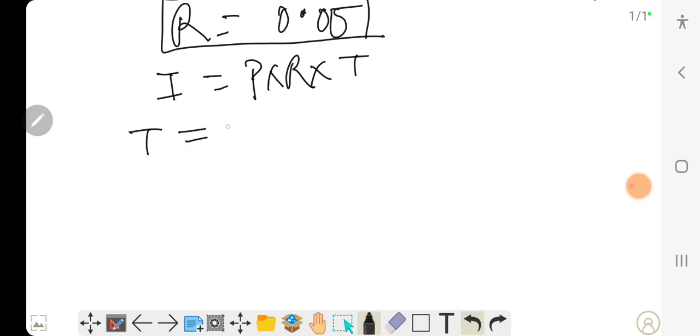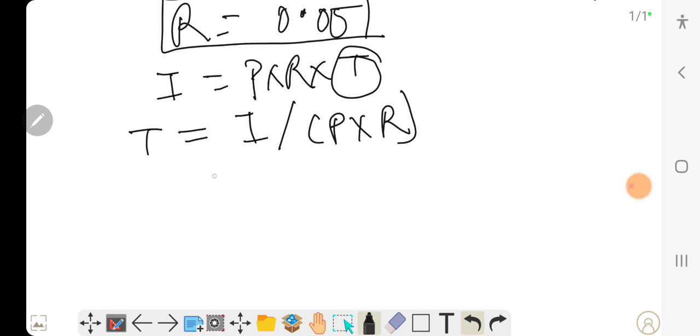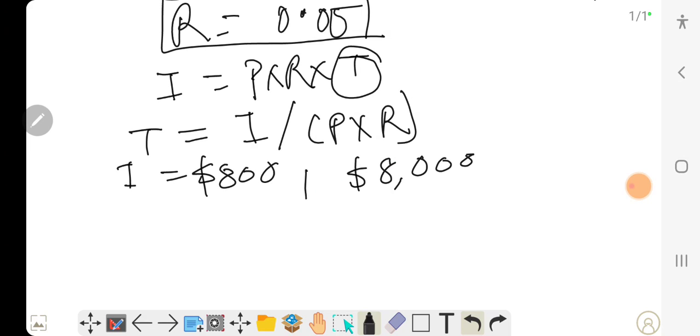To compute the time, it is going to be I divided by P multiplied by R. Say we had an interest amount, for example I earned $800 for the principal amount of $8,000, at an interest rate of 0.05, 5%. How much time would I have to invest to earn this $800?